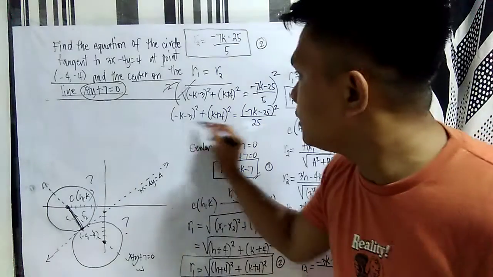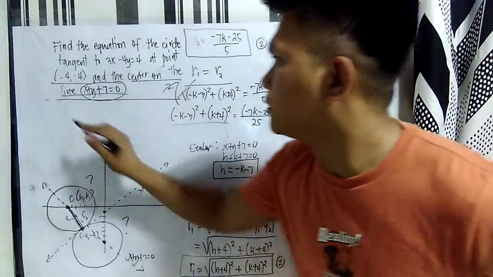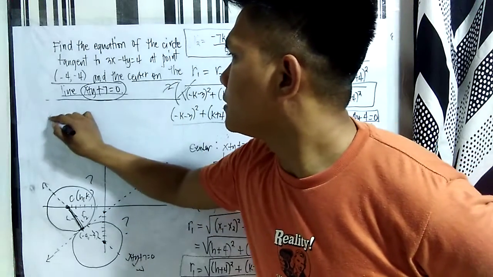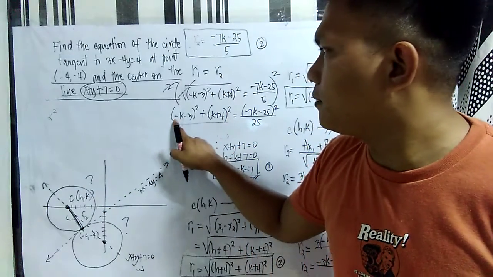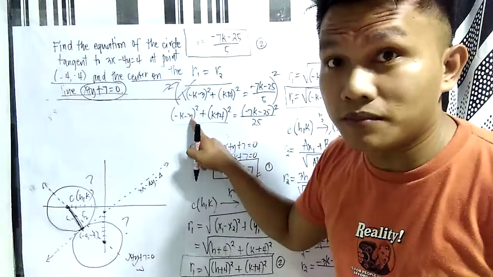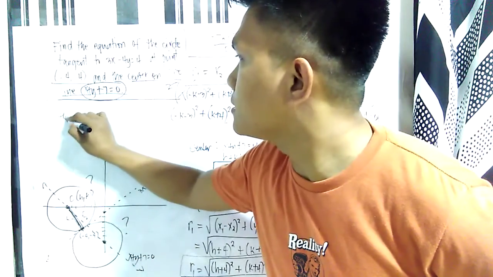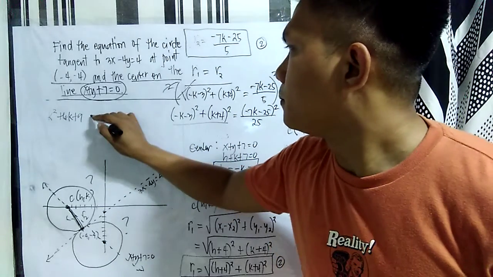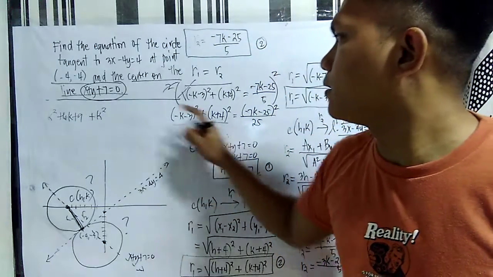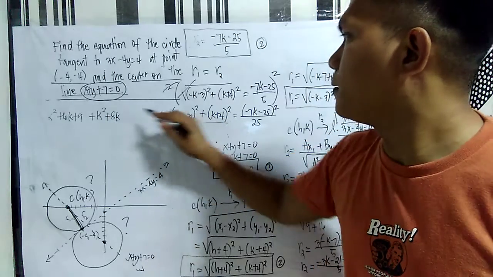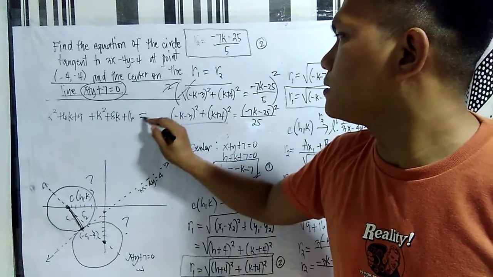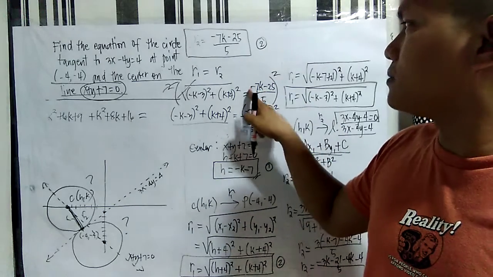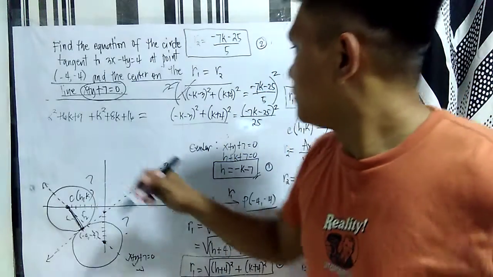Expanding this binomial, we have negative k square is k square. We have negative k times negative 3, positive 3k times 2, plus 6k, negative 3 square, plus 9, plus k square, plus 8k, plus 16 is equal to negative 7 square, plus negative 7k square.